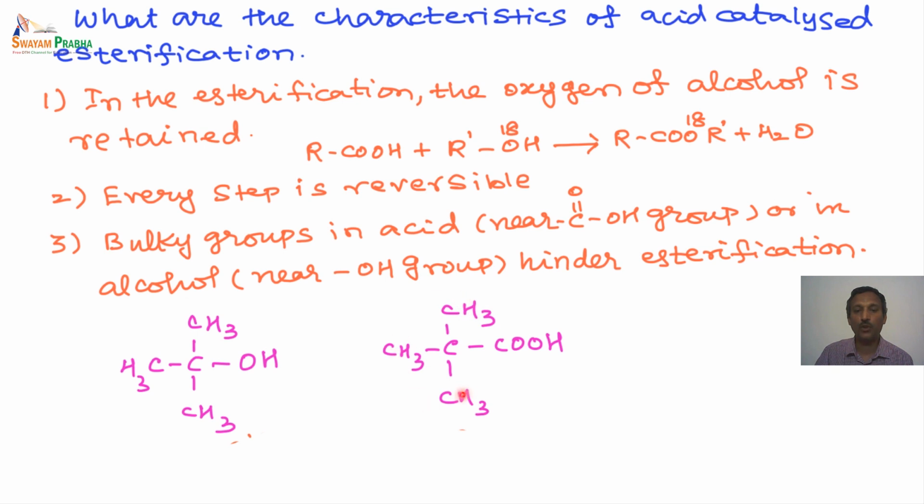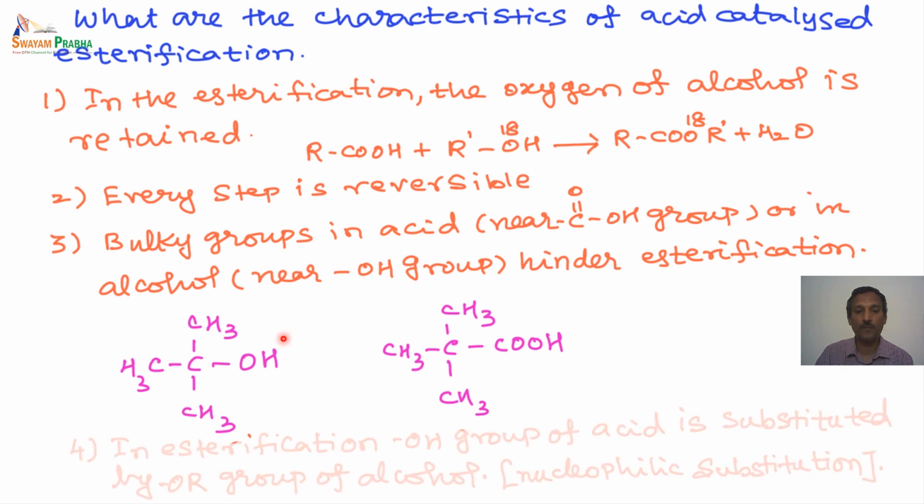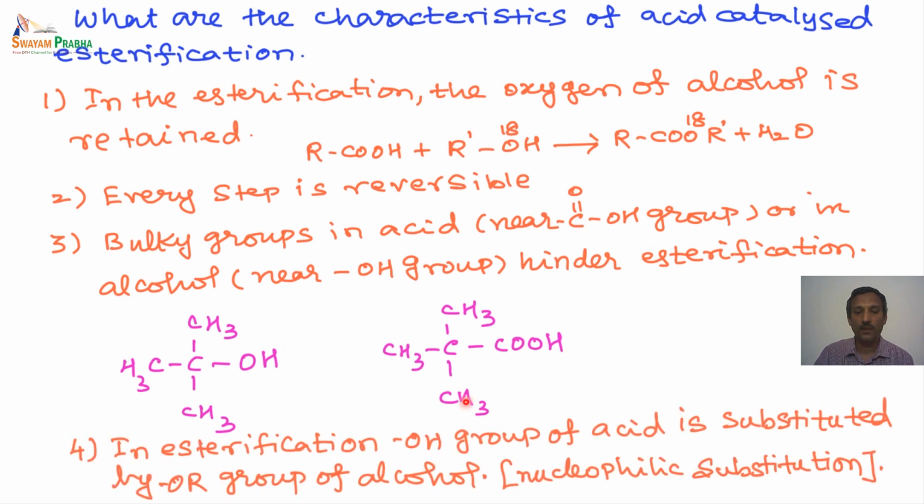In other words, the bulky group that is present on the functional group carbon, either on the carboxylic acid or as shown here in the alcohol, in both cases esterification is hindered if bulky groups are present. And in the esterification, what happens is the OH group is actually replaced by the OR group. In other words, this reaction is called a nucleophilic substitution reaction.